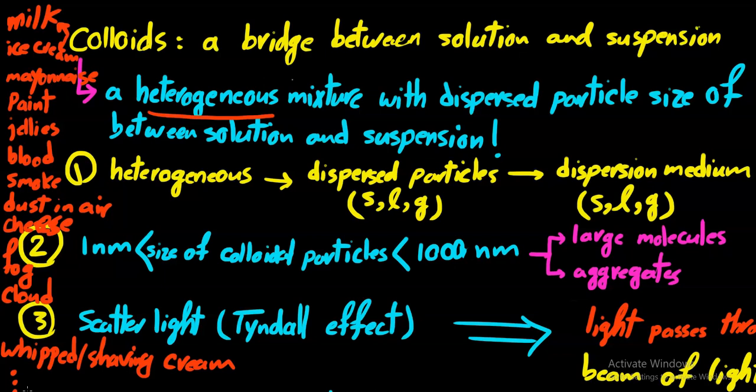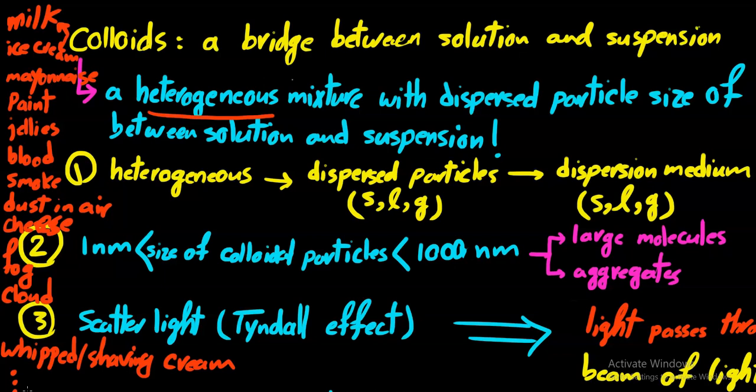Some of the characteristics are very similar to suspensions, and some other properties are very similar to the solutions. For example, colloids are heterogeneous mixtures like suspensions, but they don't settle out, they don't precipitate. So in this characteristic it is very similar to the solutions.